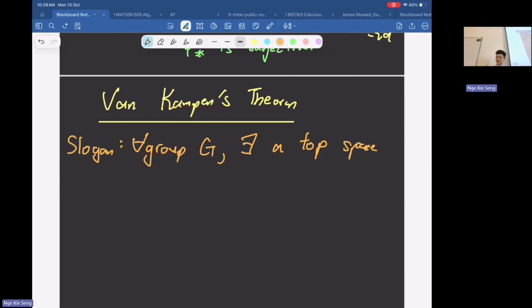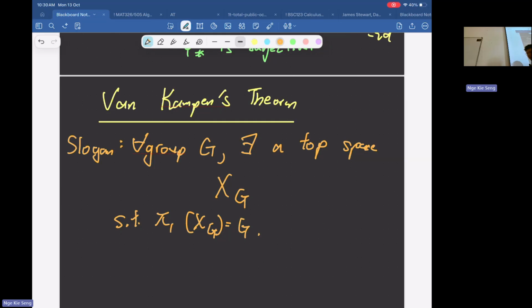Okay, so the slogan for this part here is, for every group G, there should be a topological space, call it X_G, such that pi_1 of X_G is G. This is very powerful because you can realize any group as a topological space, such that the pi_1 is G. The goal of this course comprises even more; this is just one main part of it.